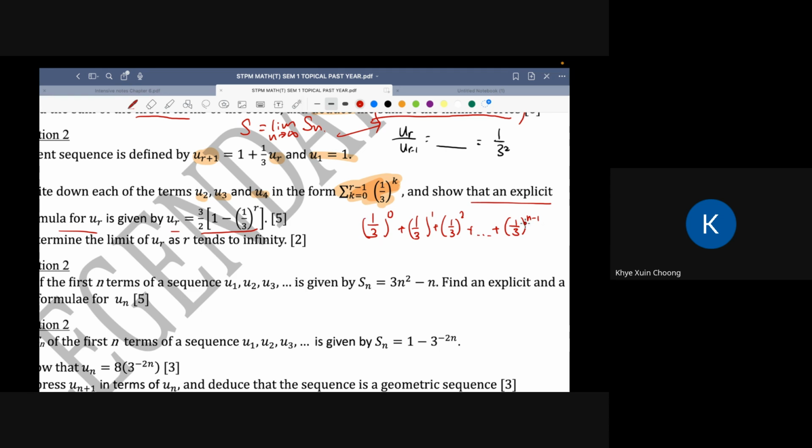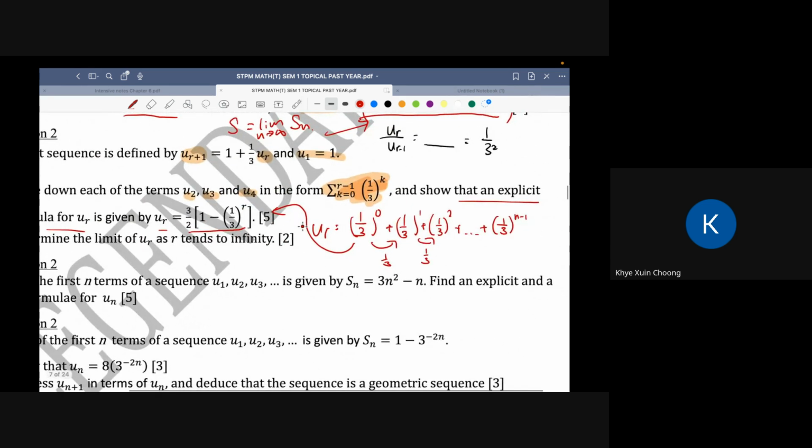This is actually a geometric series, right? Because the ratio between each term is actually 1 over 3. So if UR is something like this, then UR is actually the sum of a geometric series. So you can directly apply the formula for the sum of a geometric series, then you can get this formula. It's actually quite straightforward.